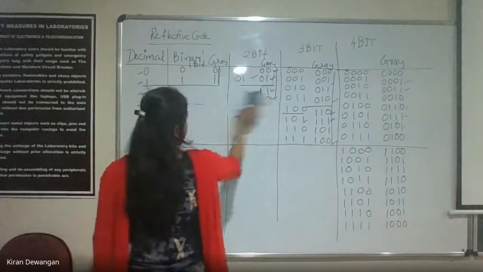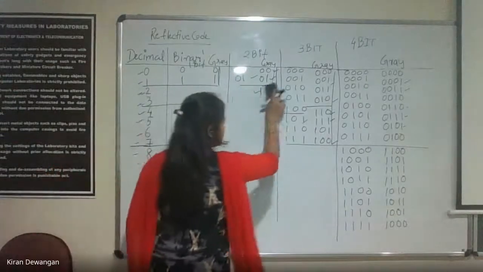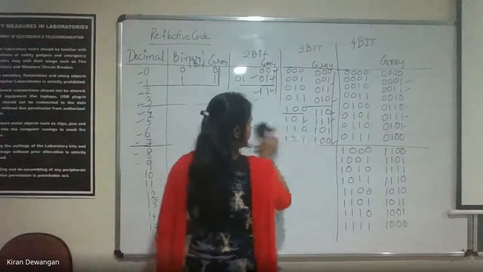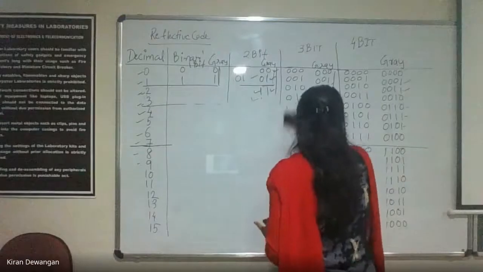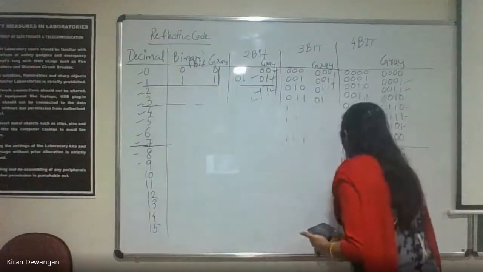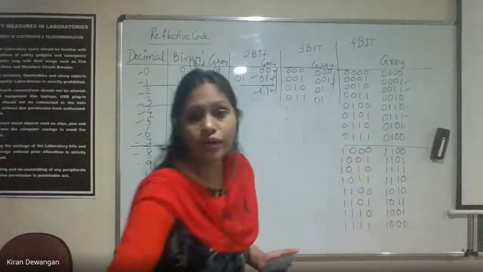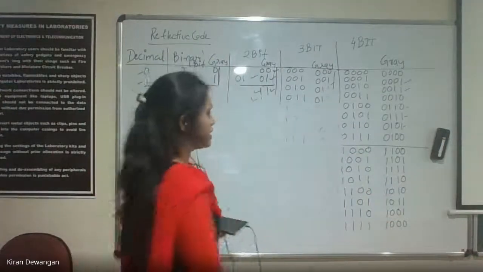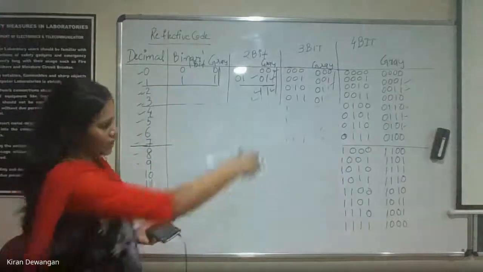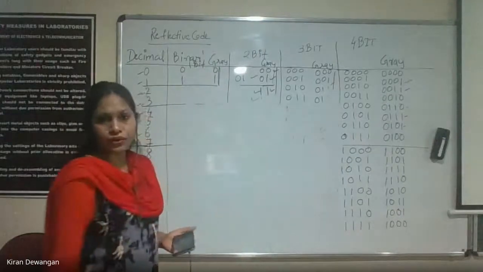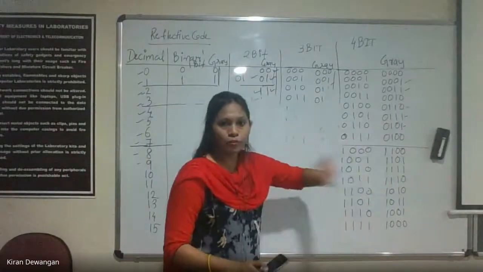Now the next part is to convert. We can't always write this whole table. It's not possible to write the table always. We need to know what the gray code will be for which binary number, right? Here we are given the 4-bit binary and we have the 4-bit gray code. Clear? These are the 4-bit binary and those are the 4-bit gray code.